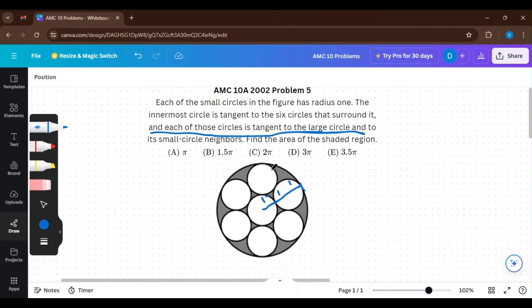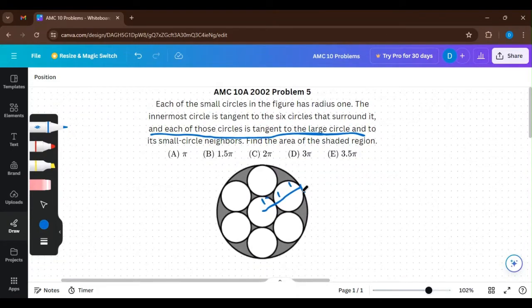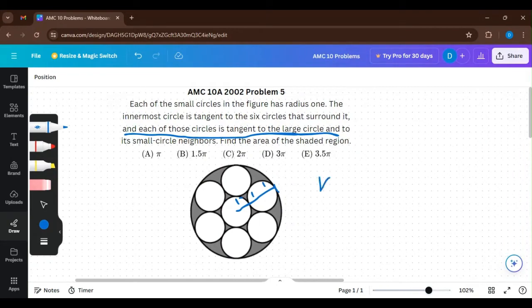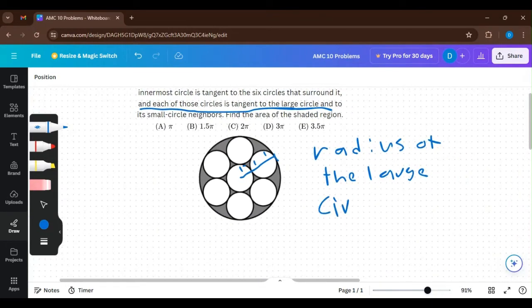So, since the small circles are tangent to the small circles and the large circle, we already know the radius of the large circle. It's 3. Do you know why?